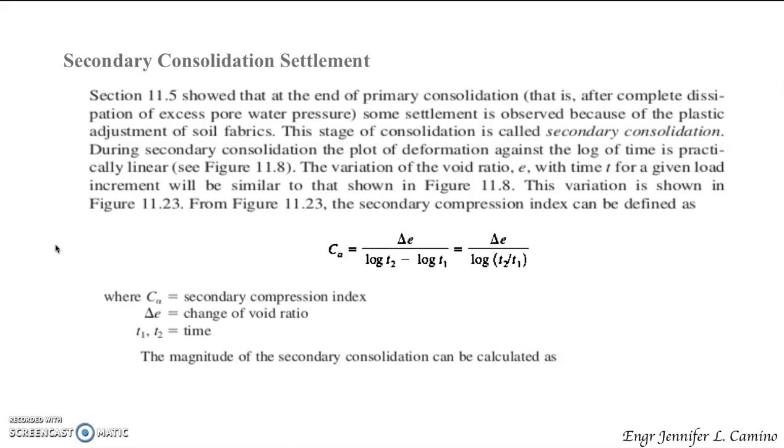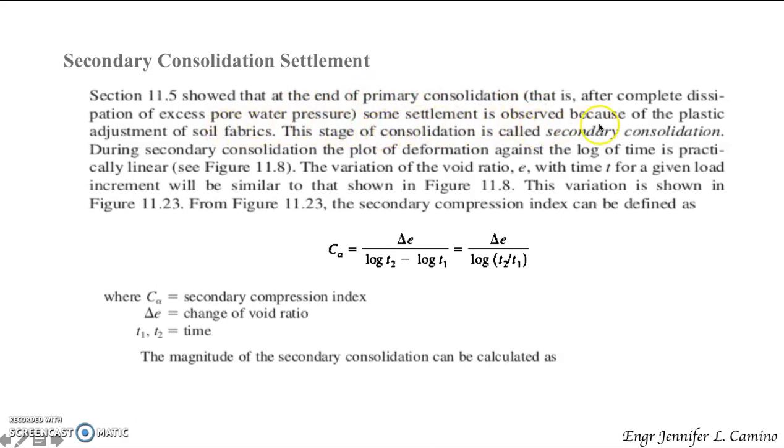In sandy soil, this type of settlement is negligible. It is different from the primary consolidation settlement, and it takes place at a constant effective stress. So the secondary consolidation settlement occurs after the end of the primary consolidation, after complete dissipation of the pore water pressure.